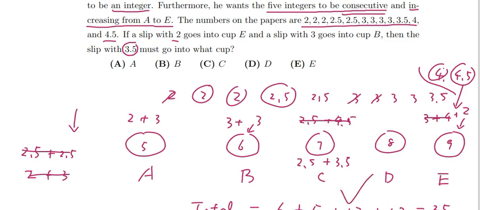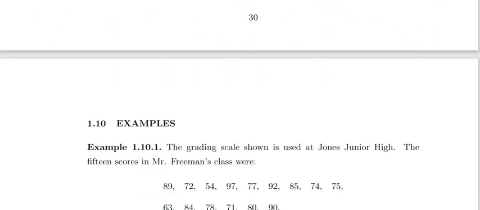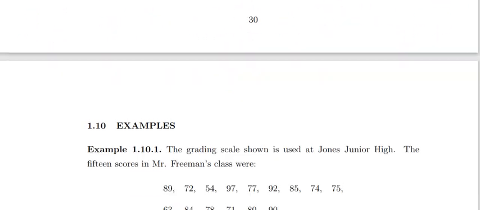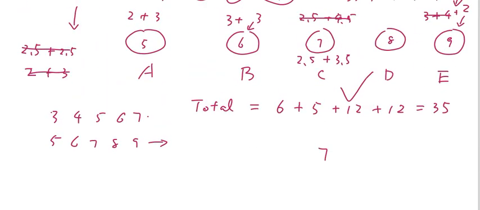Then we can say the 3.5 must go to position C. Okay, we can stop here. This is the end of chapter 1.